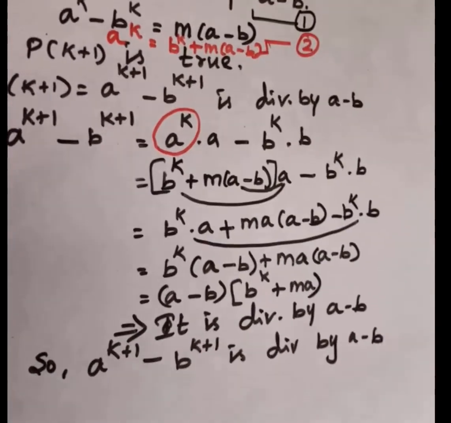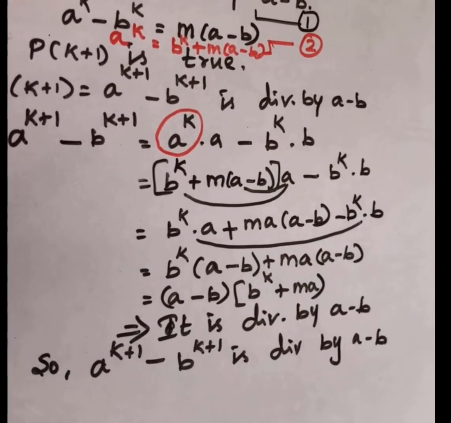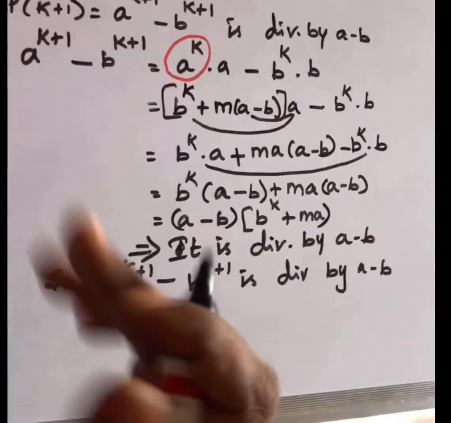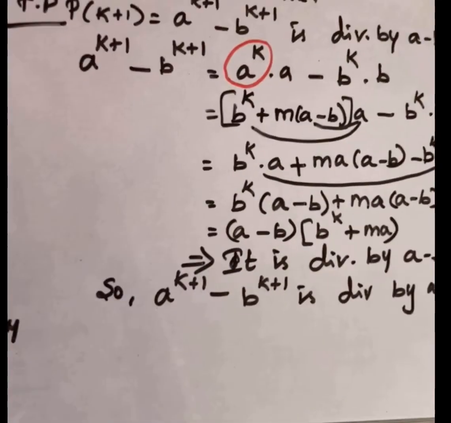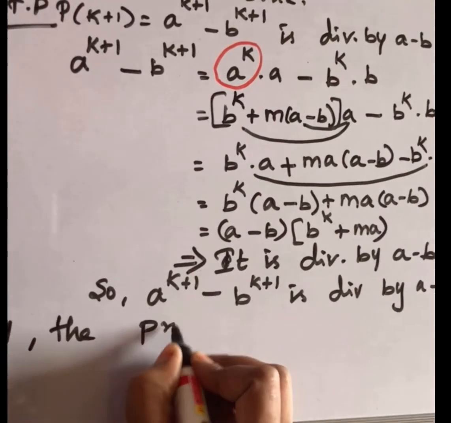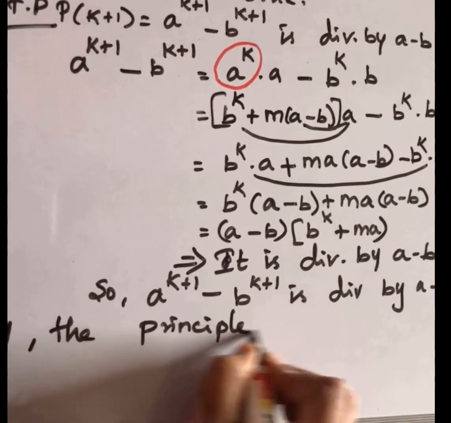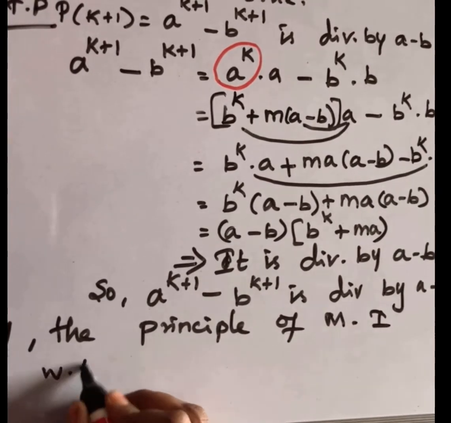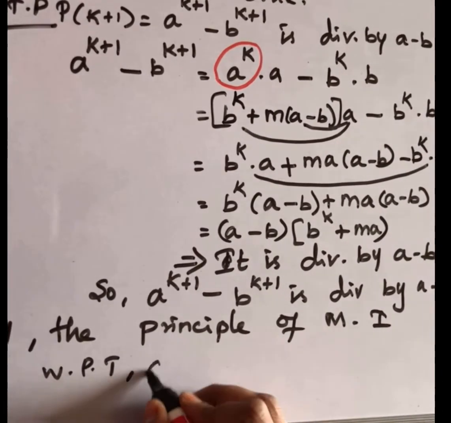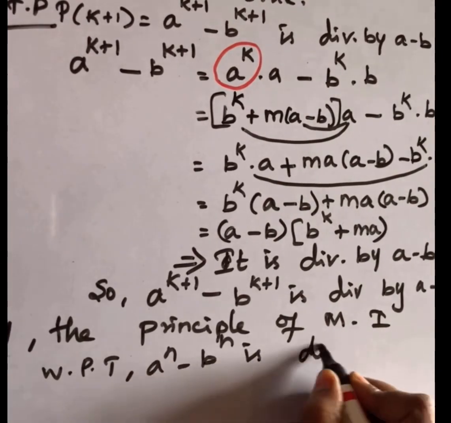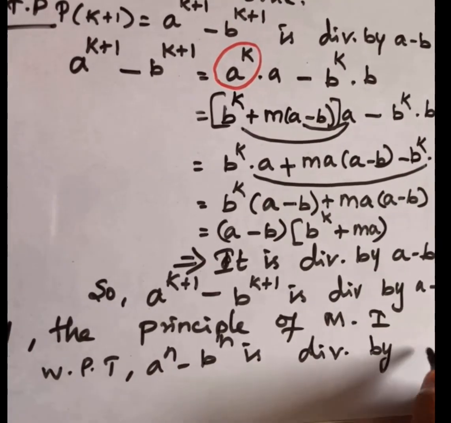So we have proved that. So by the principle of mathematical induction, we prove that a power n minus b power n is divisible by a minus b.